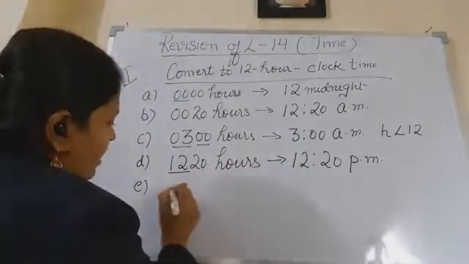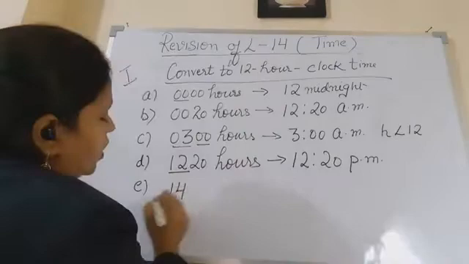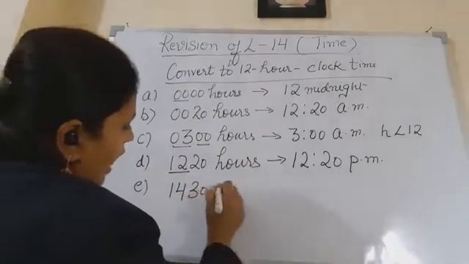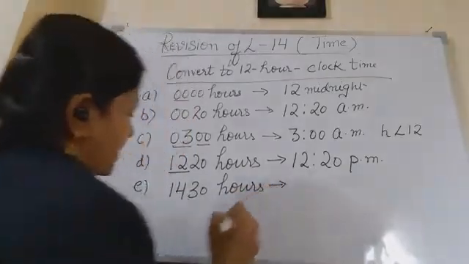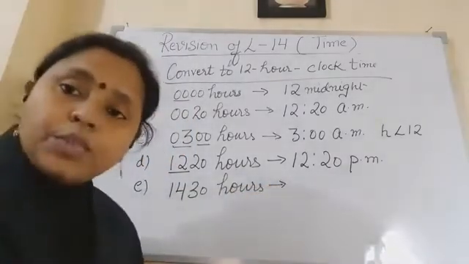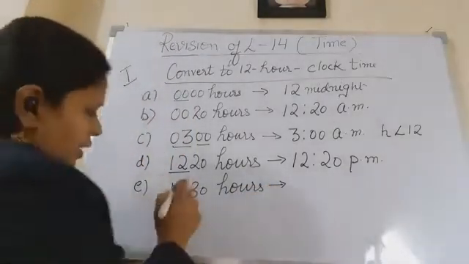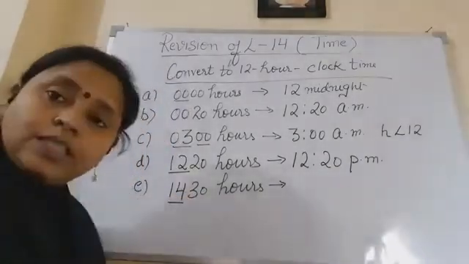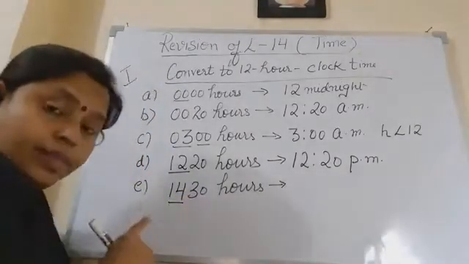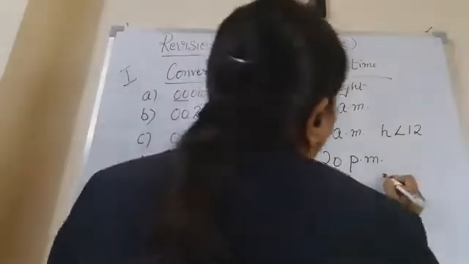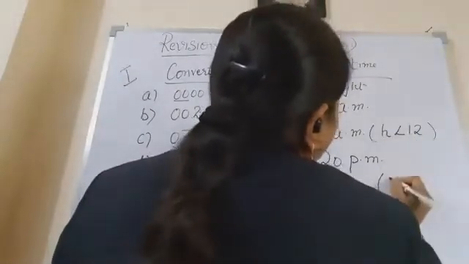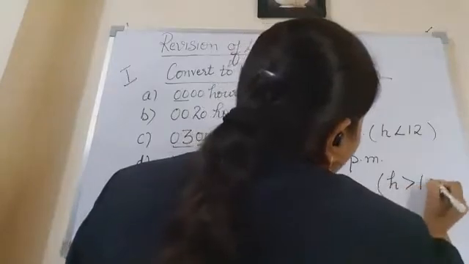Now I am saying that the time is 14:30 hours. So how are you going to write this time in 12-hour clock? First of all, what is the hour? It is 14. Now children, here the hour is more than 12. Okay. Here you can see that the hour is more than 12.